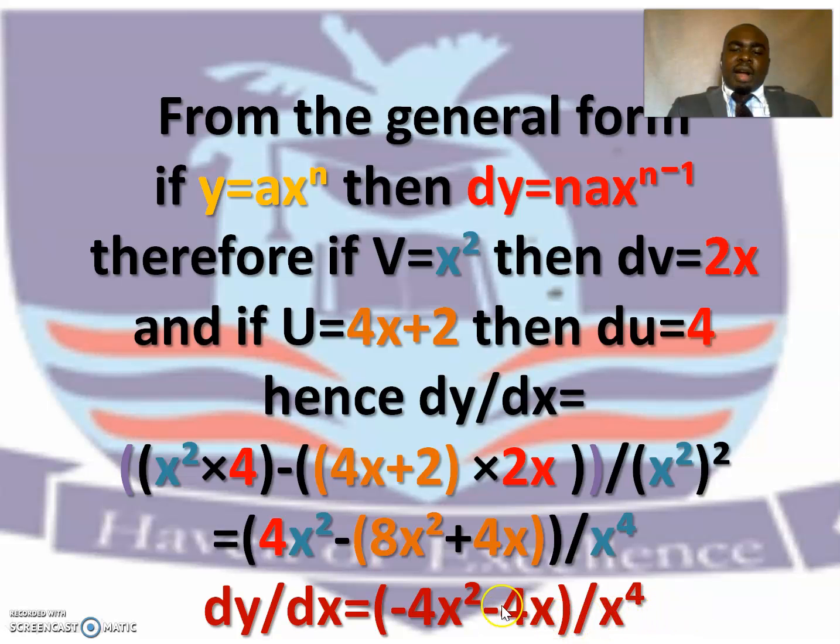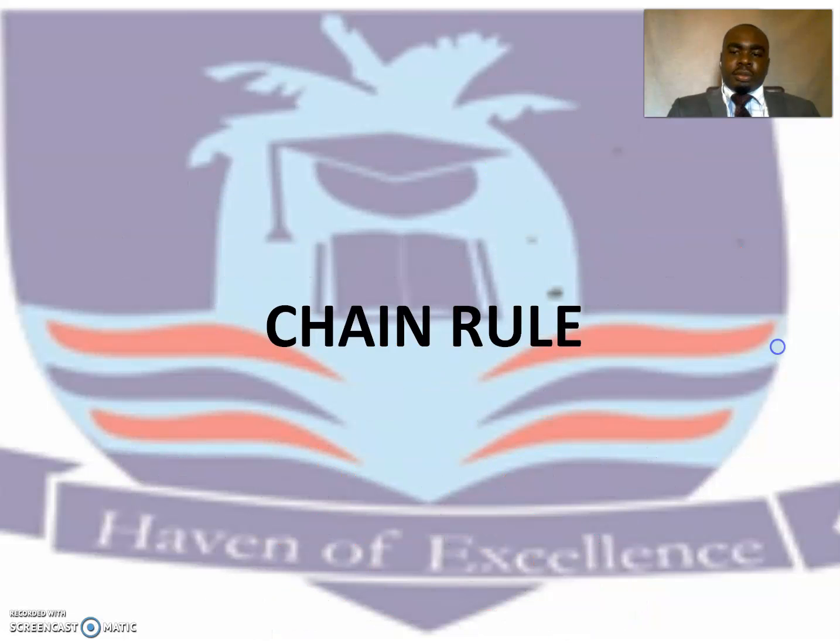Of course, we can still factorize this to get a simpler expression, but this is the basics of using the quotient rule to differentiate one function divided by another function.